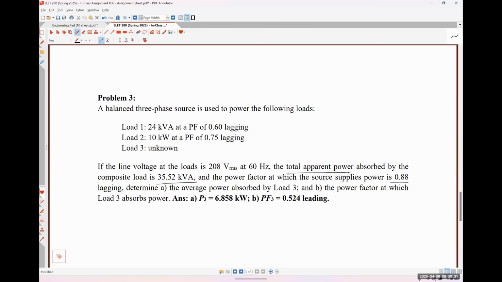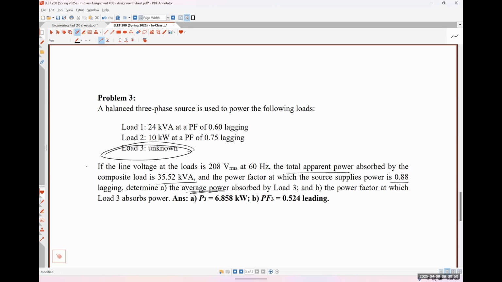We are asked to determine the average power specifically by load 3 and the power factor at which load 3 is absorbing power. So we're looking for just the information about load 3 ultimately, given that we know what load 1 is doing, what load 2 is doing, and what the composite load is doing.